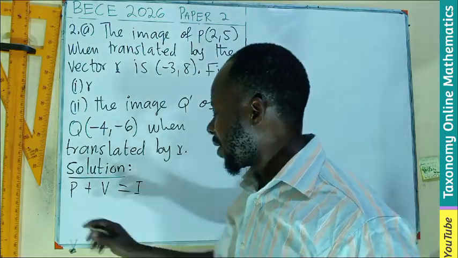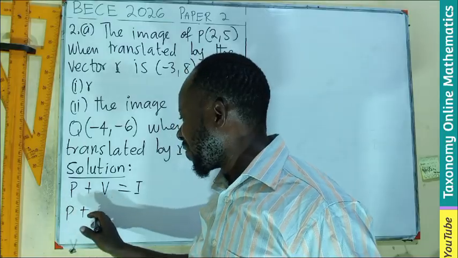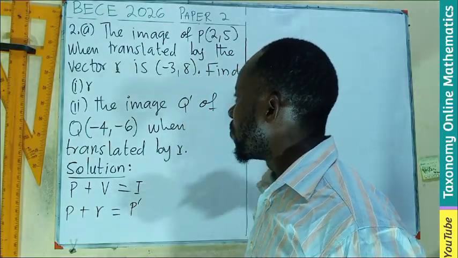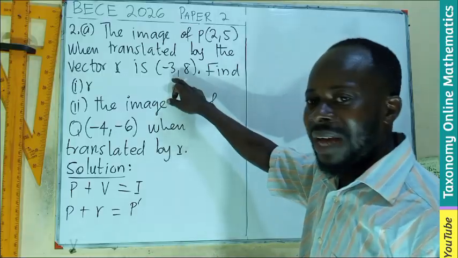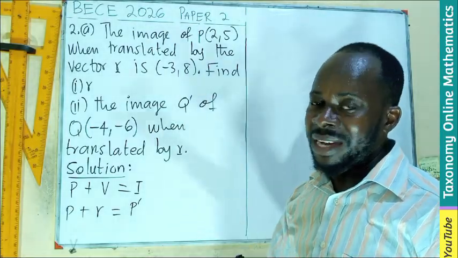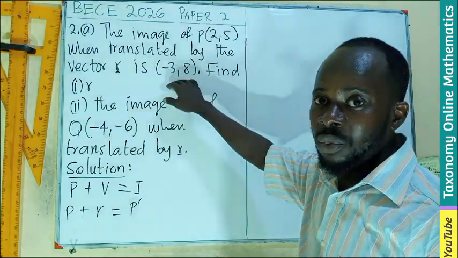So P plus the vector R gives us the image P prime, which we have as this point. Remember, a vector is written vertically, not as a point with a comma.